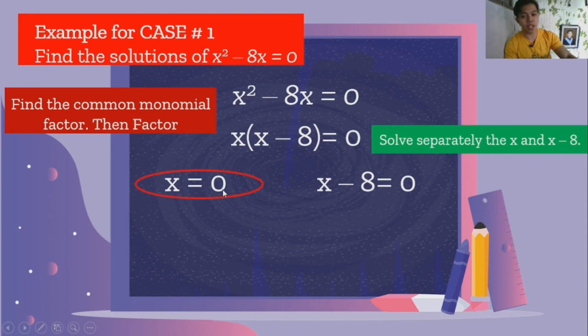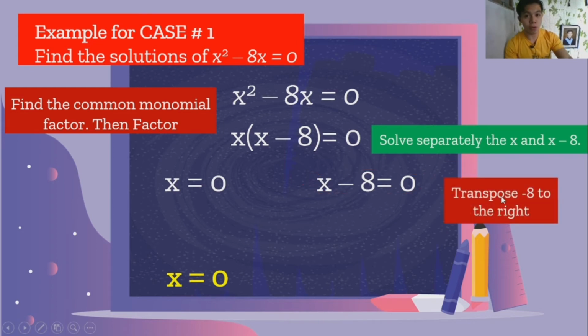Unahin natin yung left side. May isosolve pa ba tayo dyan? Wala na. Kasi yan, no? X is equal to 0. So, yun na yung sagot. Okay? Next, x minus 8 is equal to 0. May kasama si x na naman na negative 8. Kailangan maiwan mag-isa si x. So, you need to transpose negative 8 to the right side, no?